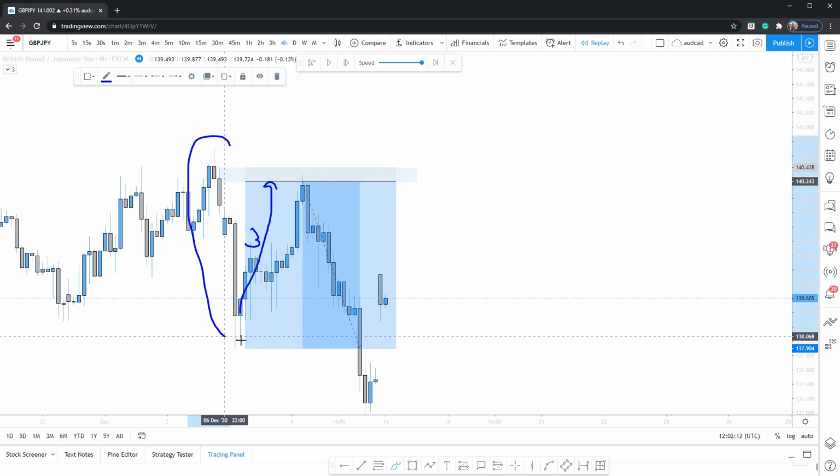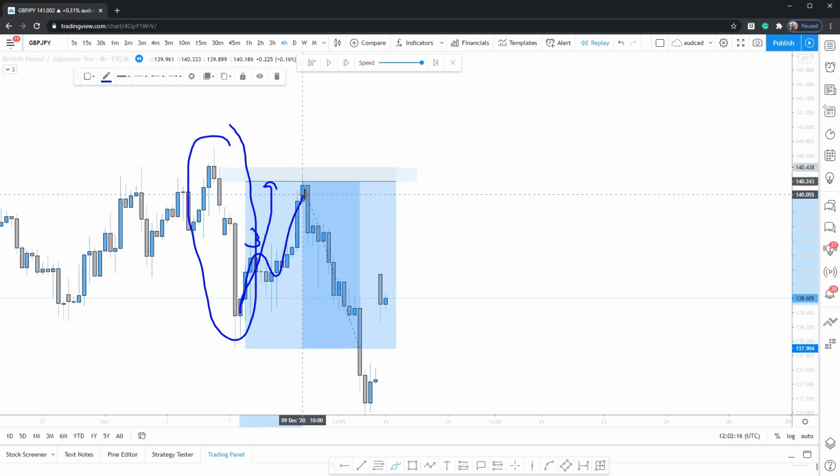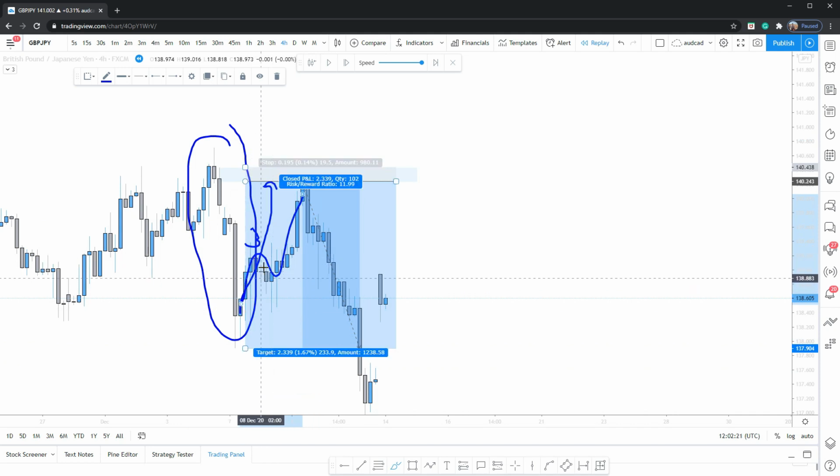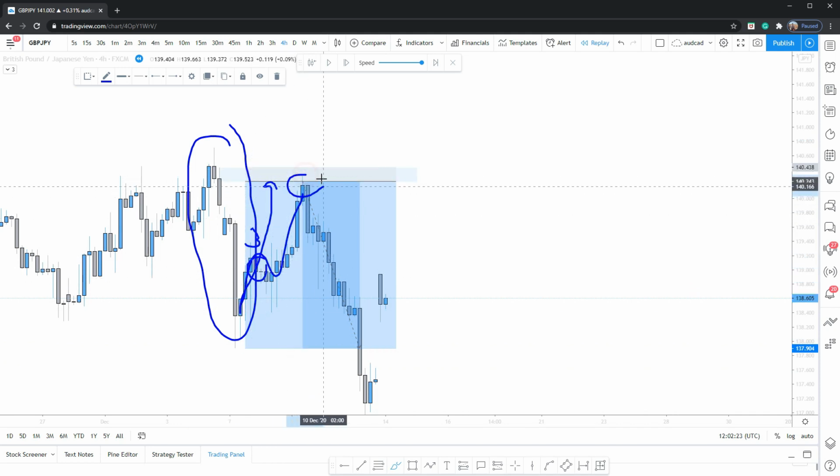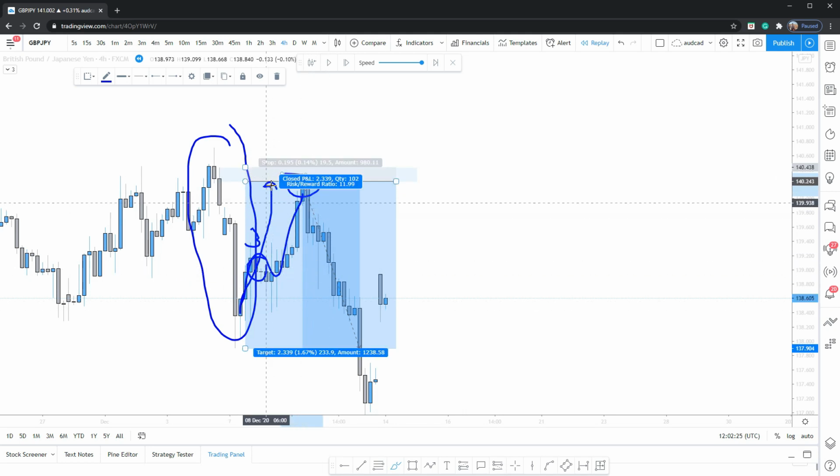Okay, but we know that momentum is bearish at the moment, and it's a very slow process. So once you get to 1, 2, 3, 4, 5, look, it's already gone 5 candles. It's nowhere near your entry. You've got more confidence to take this trade and place that order.